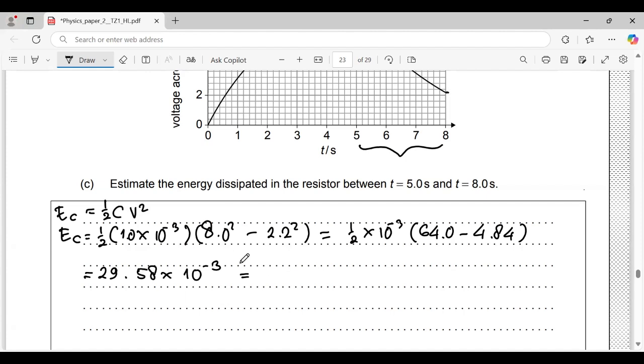And we have to convert to the right significant figures: 2.958 times 10 power minus 2 joule, rounded to 3 times 10 power minus 2 joule.